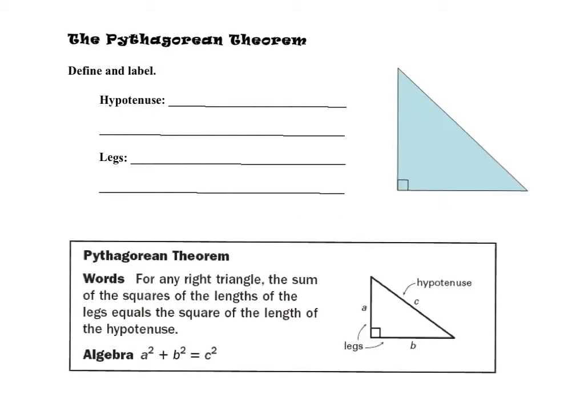All right, so in the Pythagorean theorem, we're going to be talking about legs and hypotenuse, and so we need to identify what those are in a triangle. The hypotenuse is the side opposite the right angle, or sometimes instead of opposite, we'd say across from.